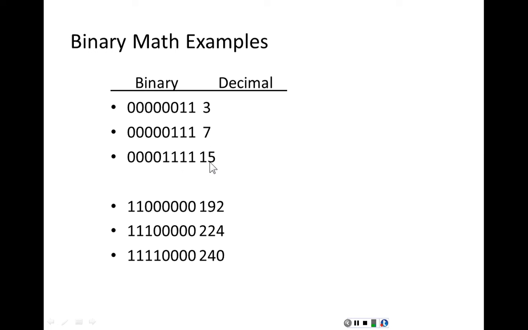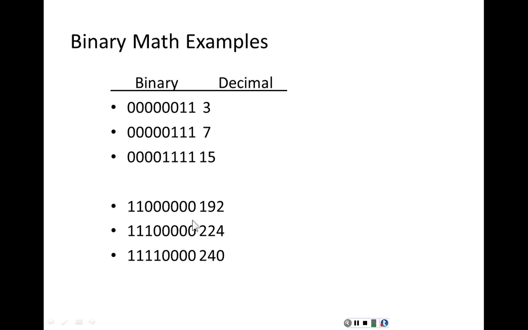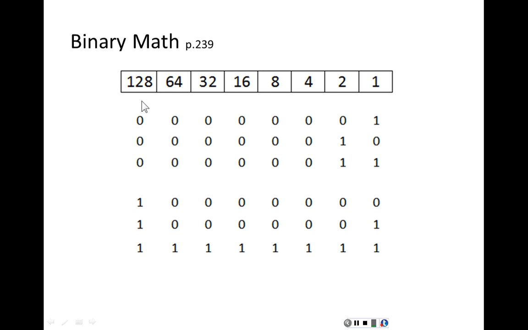If you have 4 ones, that's equal to 15, because you have a 1, a 2, a 4, and an 8. Add them up and you get 15. If you have 2 ones and 6 zeros, that's equal to 192, because you're adding 128 plus 64, which is equal to 192. 3 ones is equal to 224, because that's 128 plus 64 plus 32.